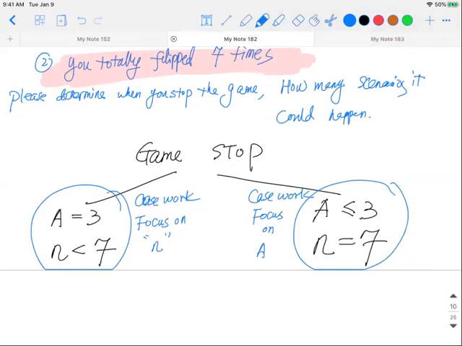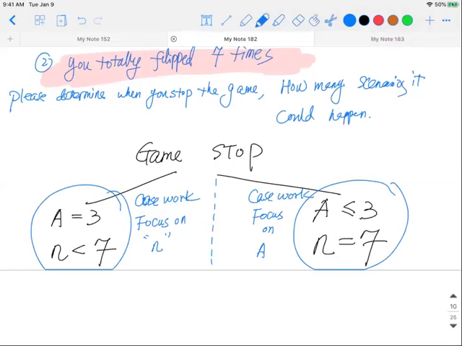But this part is kind of different. Whenever A equals 3, let's do casework on different N's. Whenever N equals 7, let's do different casework focusing on A's. So that being said, my casework will be done in 2 different directions. All good? Okay.